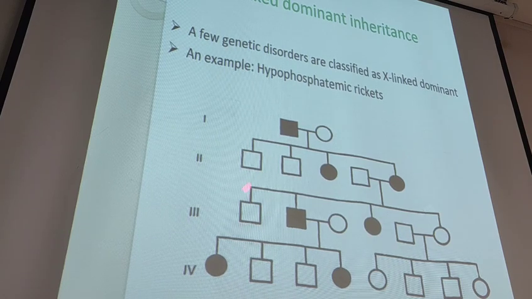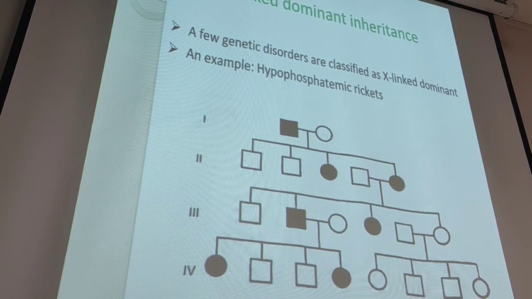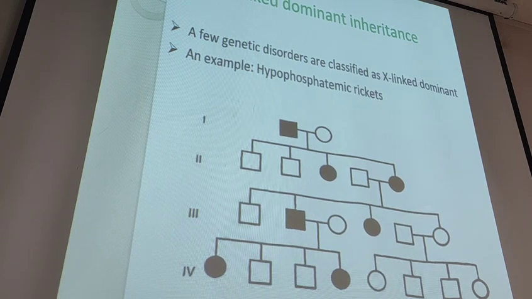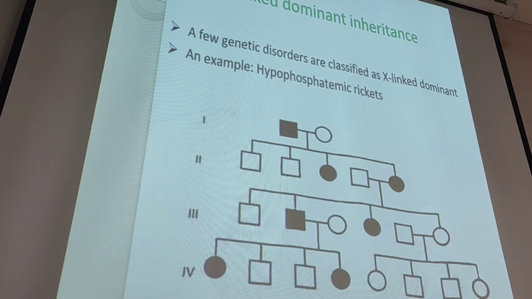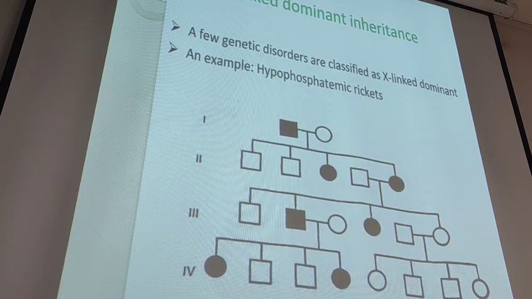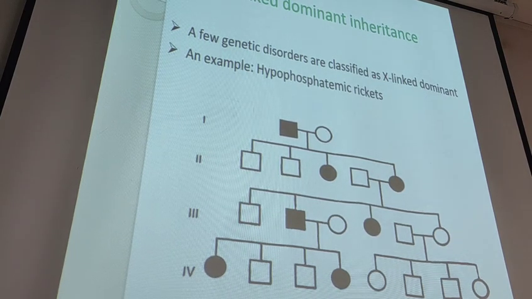In this pedigree you can see, at the beginning maybe you assume that this is an autosomal dominant because it has all characteristics of autosomal dominant pattern of inheritance except one. Which one? Male to male transmission. We have vertical transmission, okay?